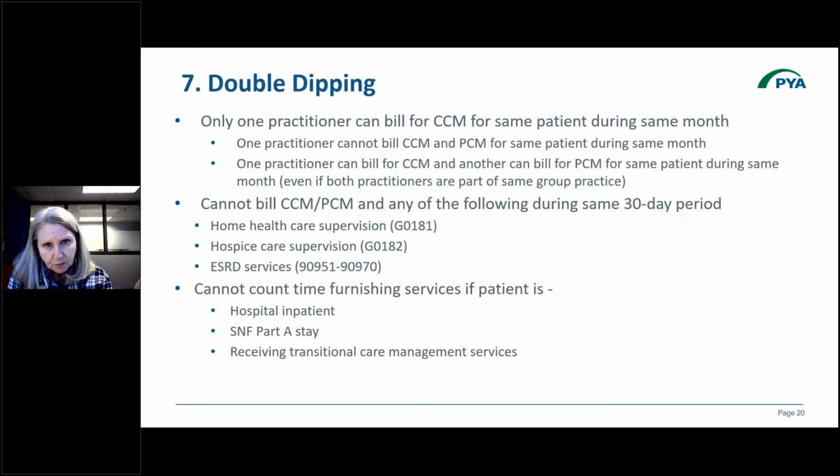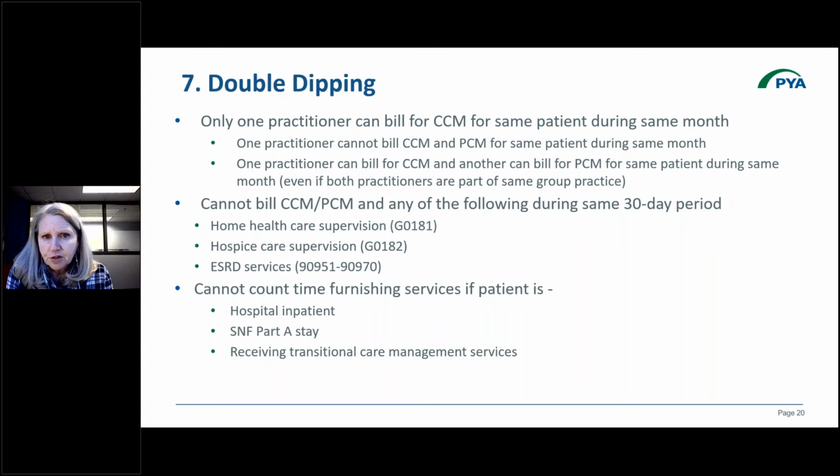However, 1 practitioner can bill for CCM and another practitioner can bill for PCM for the same patient during the same period, even if those 2 practitioners are part of the same group practice. Because again, PCM is intended to be very targeted on managing a specific episode, where CCM is broader overall health and condition of the patient.